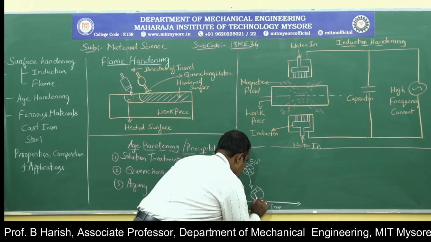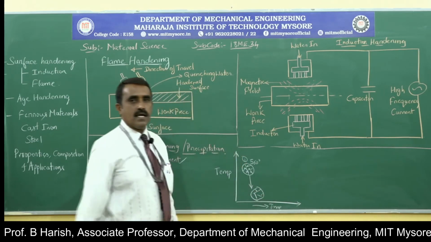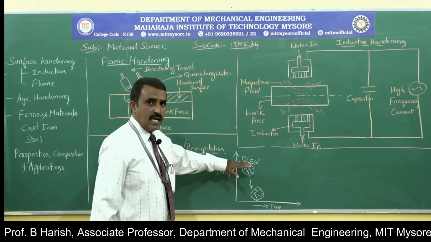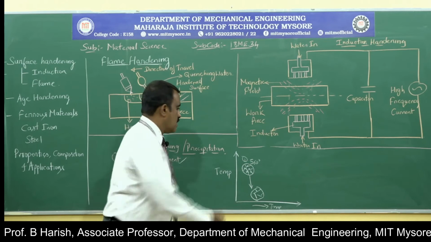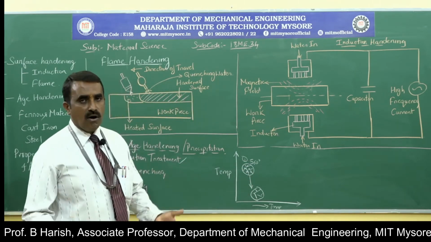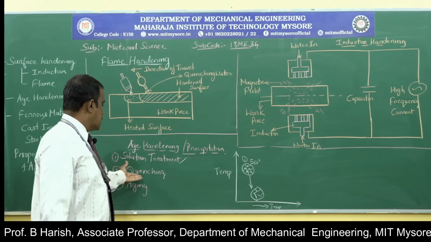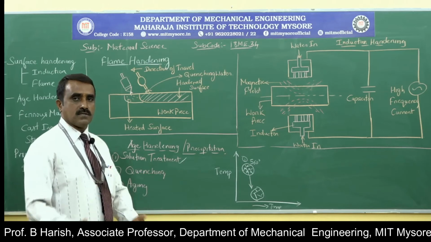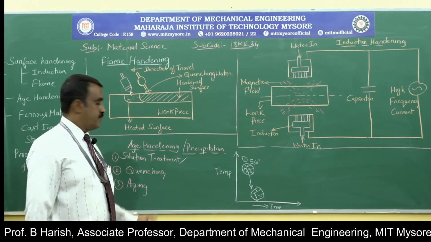You can see that the temperature was high and it is brought down. The small patches that are seen get dissolved, precipitated, that is quenching. So it gets dissolved in the solution.